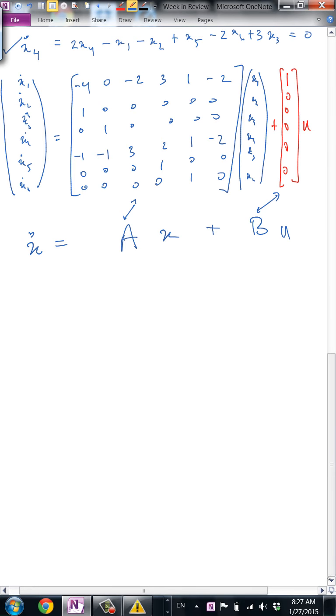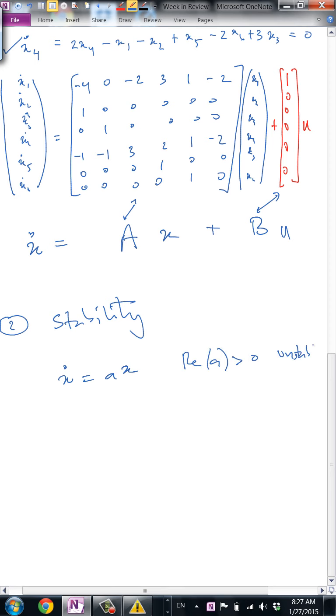So what else did we talk about? The second topic was stability, and we looked at stability for the simple scalar system x dot is equal to ax, and we said that if the real part of a is greater than 0, then it's unstable. If the real part of a is equal to 0, it's in this in-between where it's not going to go to 0 and it's not going to explode, and we call this marginally or neutrally stable.